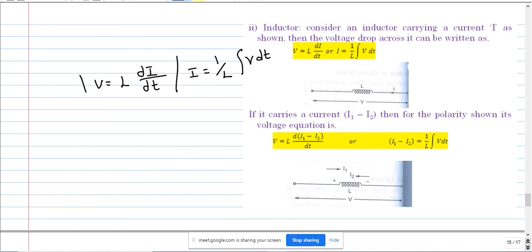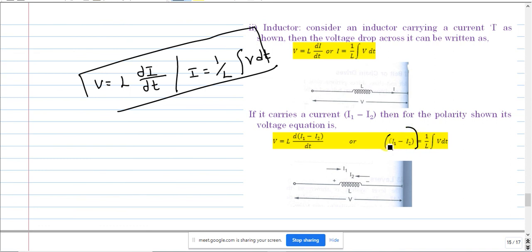Remember this equation, because it is very helpful in writing the equation when we consider a circuit diagram. In the similar case, if it is carrying currents I1, I2, then the polarity will be shown in this equation. So you can note this equation.